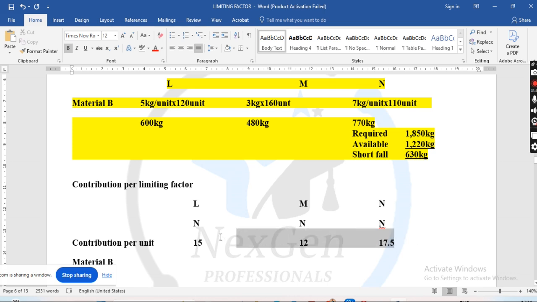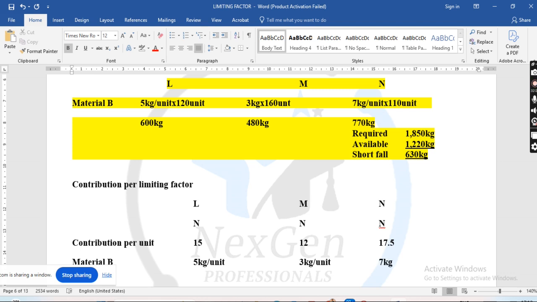If it is hours, it will be hours per unit; in this question it is kg. So you say 5 kg per unit, 3 kg per unit, 7 kg per unit.